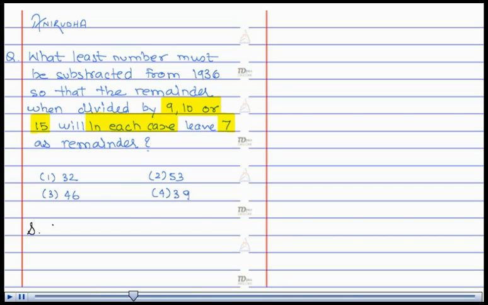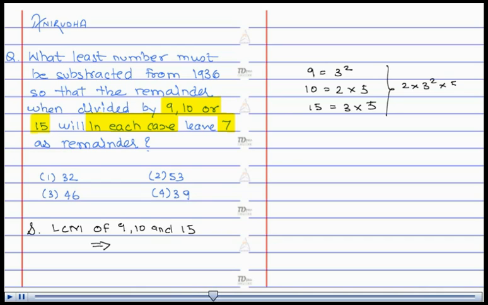Now, the LCM of 9, 10 and 15 is found as 9 is 3 square, 10 is 2 into 5 and 15 is 3 into 5, and therefore their LCM comes out to be 2 into 3 square into 5, which is equal to 90.